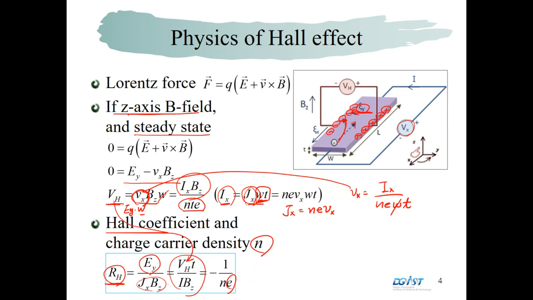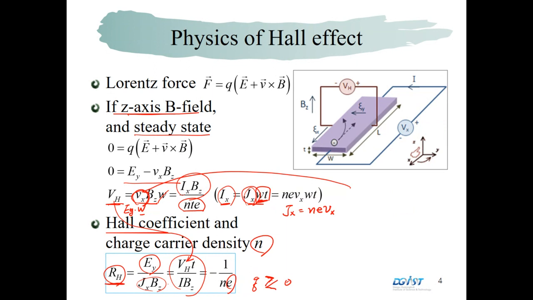And also, what is the sign of a charge carrier? If it is a metallic system, the charge carrier is the electron. But in a semiconductor, it can be a hole, so it can be positive. It can be negative or positive, depending on the type of the charge carrier.